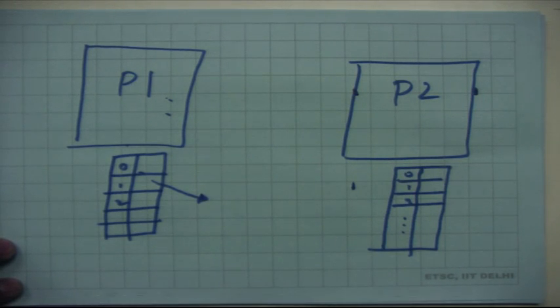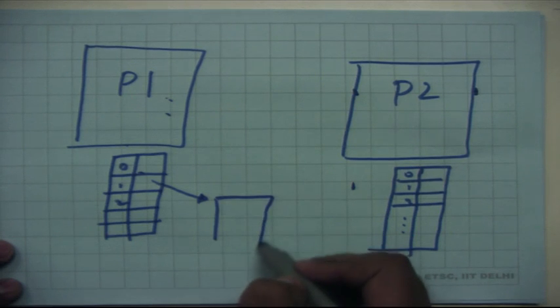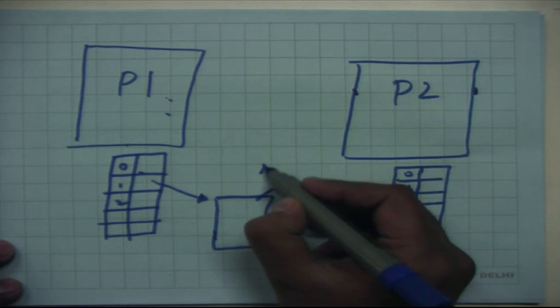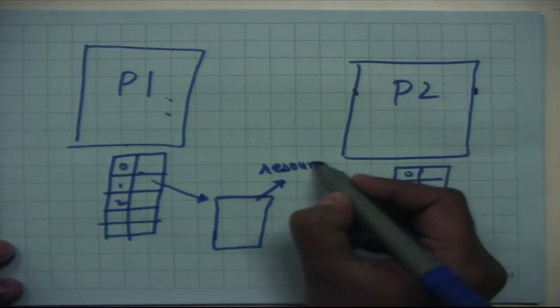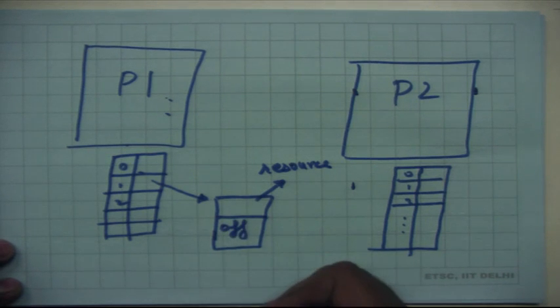This entry, a single entry in this file descriptor table, points to a structure which says where is my resource, and then it says what's the offset of that resource. Okay.